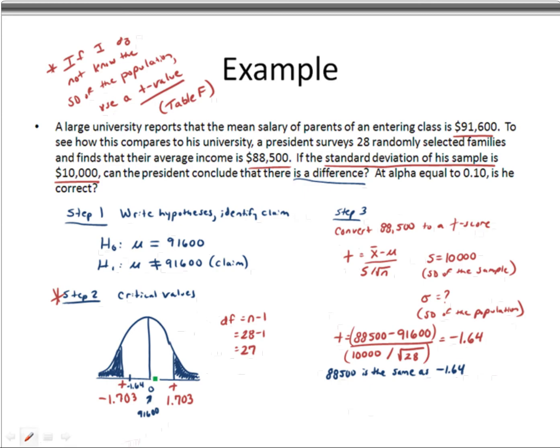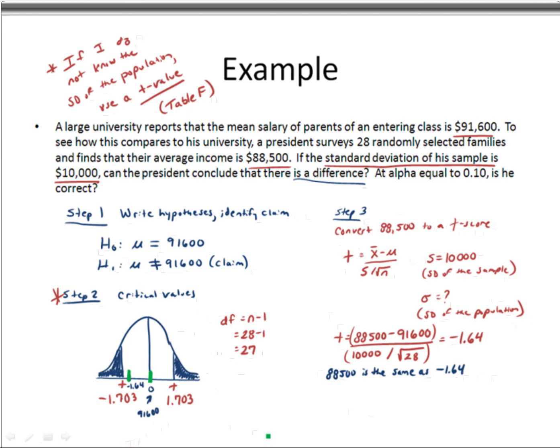Okay, so we are comparing the population mean, which sits here, to the sample mean, which sits here. And we're trying to determine whether they are significantly different. Now, granted, they're not the same number. 91.6 and 88.5 are not the same values, but are they significantly different?